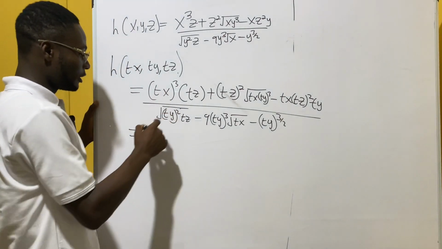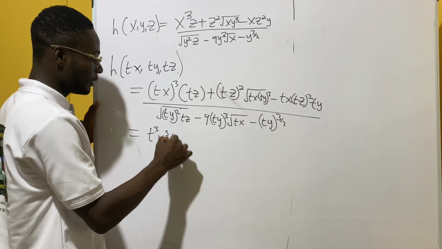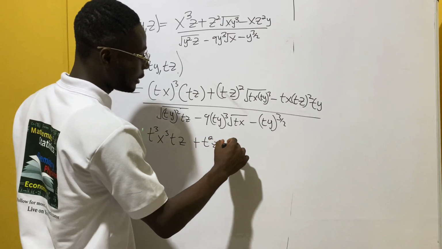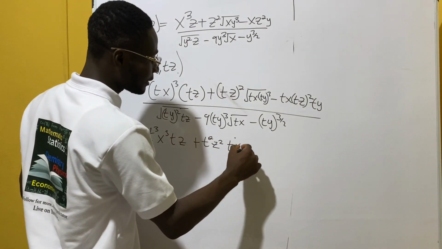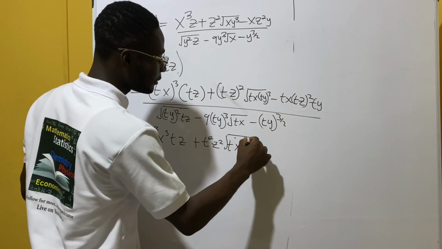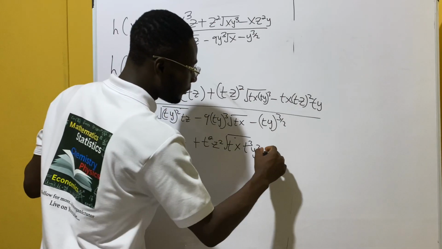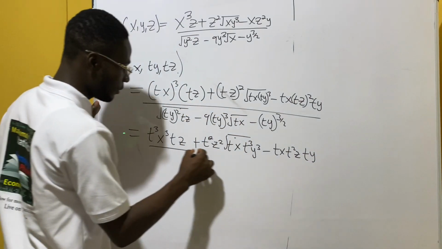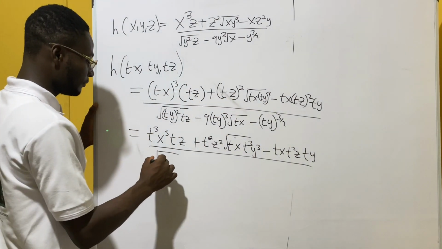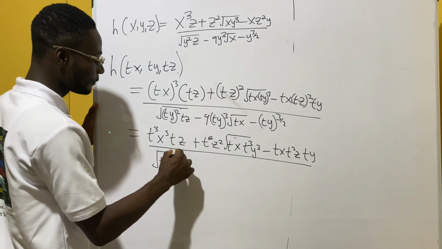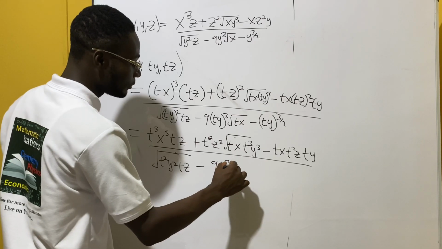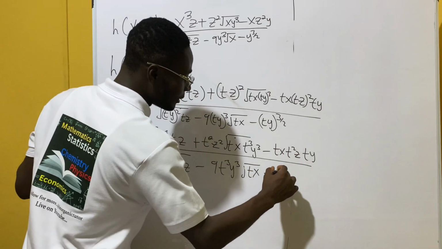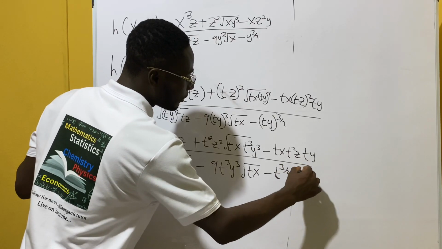When you expand this, you have t cubed x cubed tz plus t squared z squared, then we have tx square root of t cube y cube, minus tx t squared z ty, all over square root of t squared y squared tz minus 9 t cube y cube square root of tx minus t power 3 on 2 y power 3 on 2.